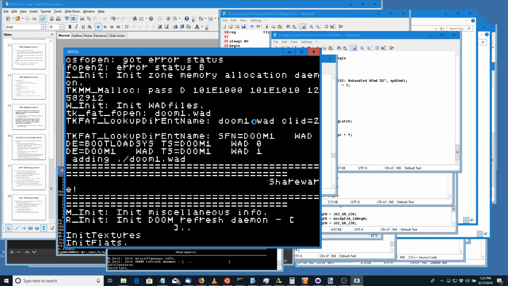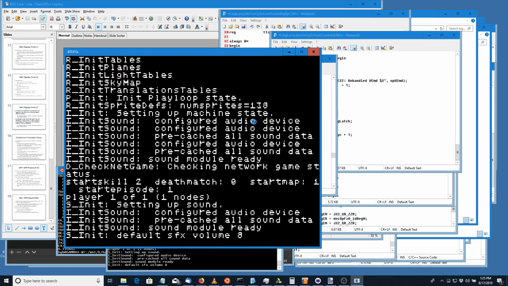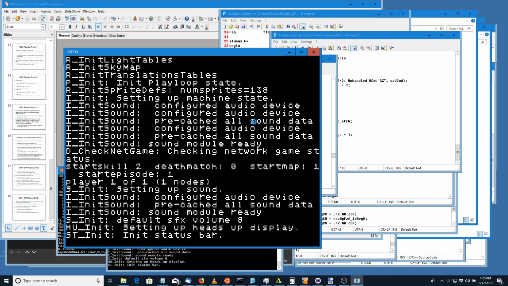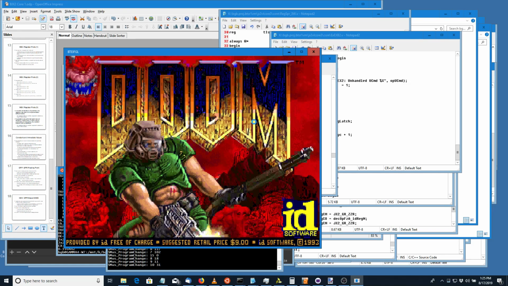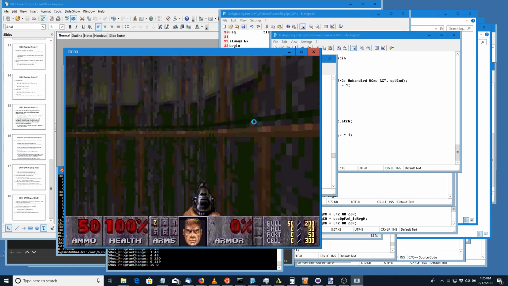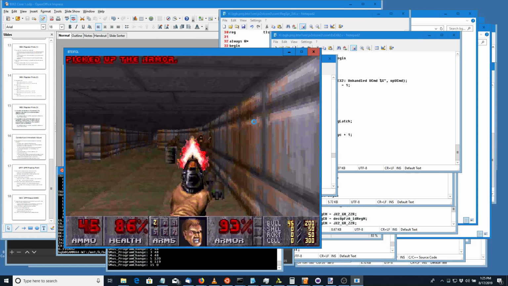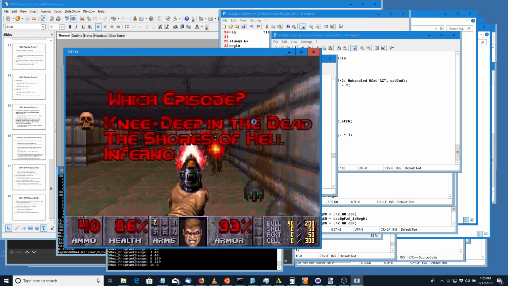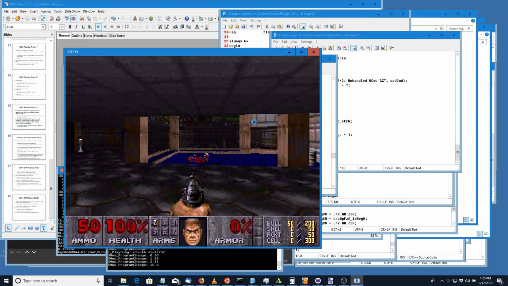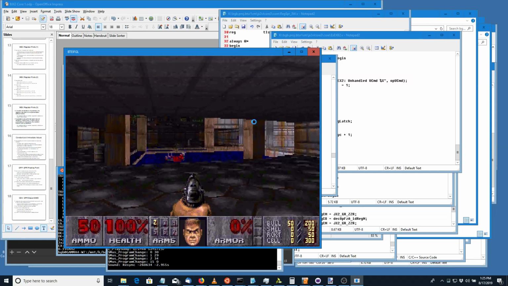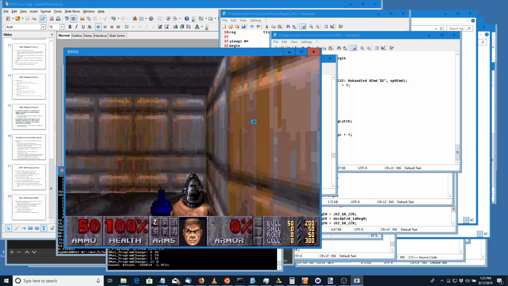Well, it'll be slower than 100 megahertz in any case, but the question is, will the frame rates look like something anyone would want to play? Yeah, it's as noted. Kind of laggy.